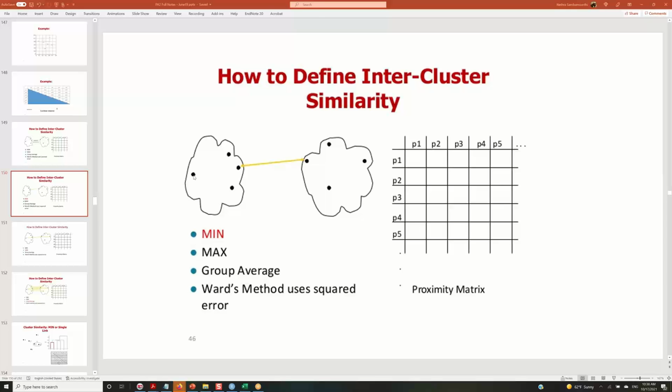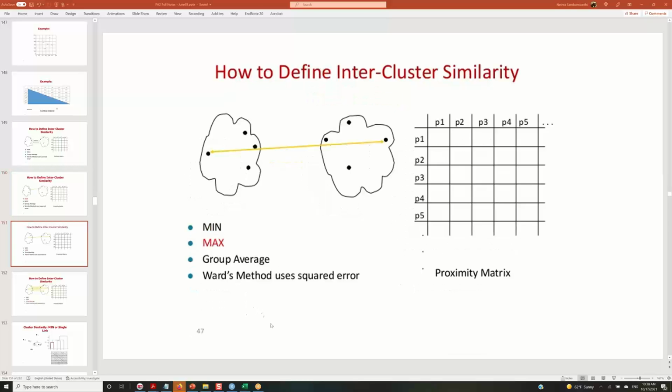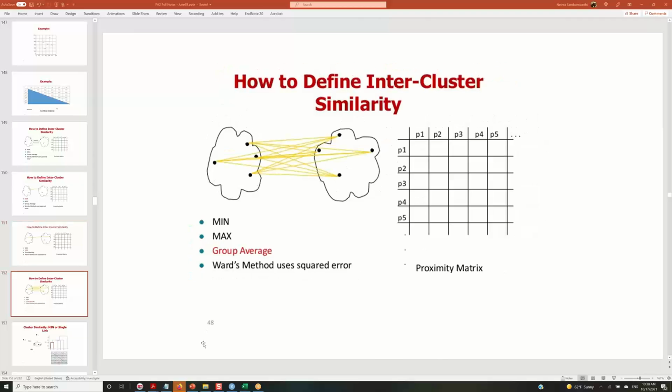Or the maximum distance, that means these 2 points determine whether these points should come together with this or with some other group of points. Or the group average, that means here to here, here to here. Or Ward's method uses squared error. That's another method. R commonly uses these 3: minimum, maximum, group average. Okay, are you with me so far?